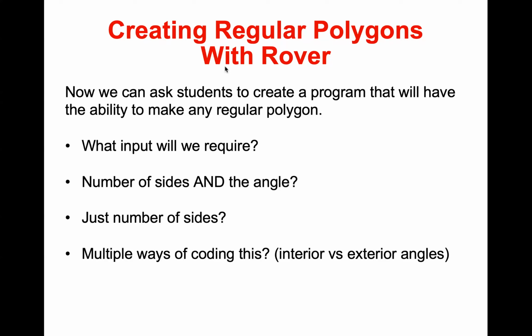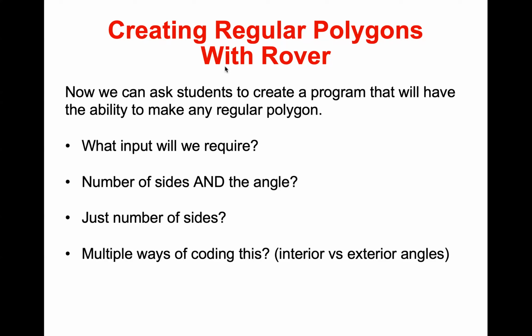This is why I love this task so much. We talk about low floor, high ceiling, but there's also a low floor, high ceiling with the code here. You start, as Brad mentioned, with students turning left this many degrees. Then they say, okay, I'm going to draw a triangle, I'm going to need 3 of those turn commands and 3 drive commands, and boom, I've created a 3-sided figure. But now the higher ceiling is, what if we generalize that and say, I want to create any number of sides?